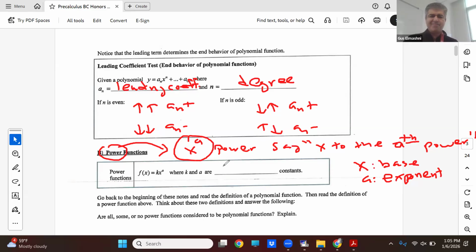I mean, you can say non-zero. I'm not sure why there's a blank there. They are constants though, that I do know for sure. You can still technically call it a power function if you wanted to. You know what? We'll just go non-zero. I like what Emma said. We'll go non-zero.